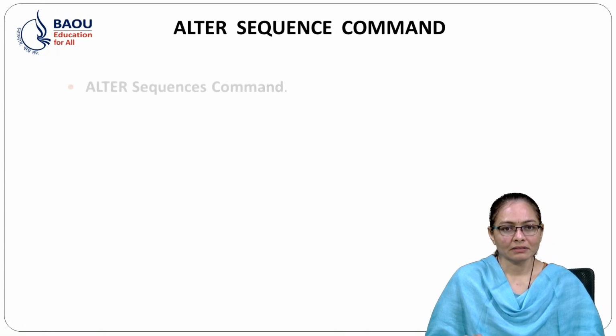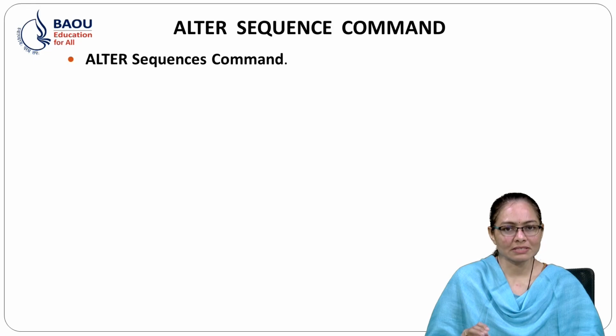Now, after the sequence is created and we want to make a change in the sequence, then this command is used. It is used to change and modify an existing sequence. Altering a sequence does not include the start value. Remember this point.